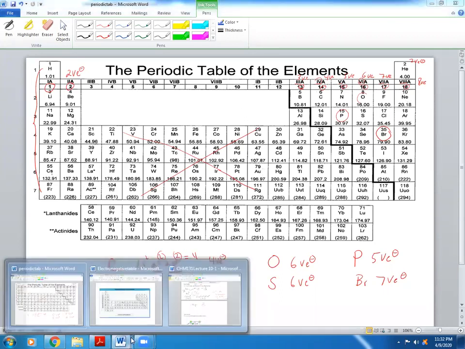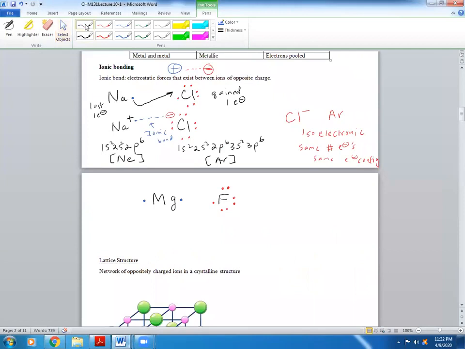But look what happens. So magnesium is going to give an electron to fluorine. Very good. So what happens next? Well, this fluorine is happy, but the magnesium still possesses 1.